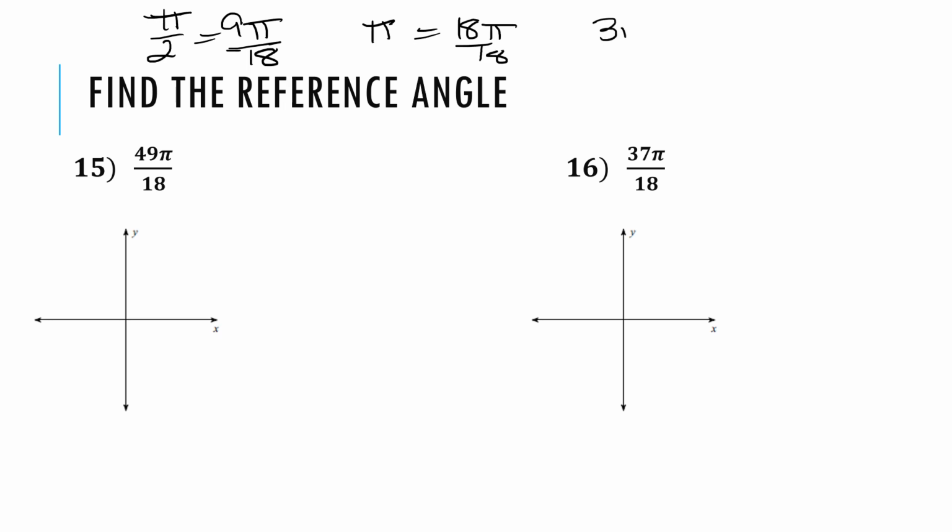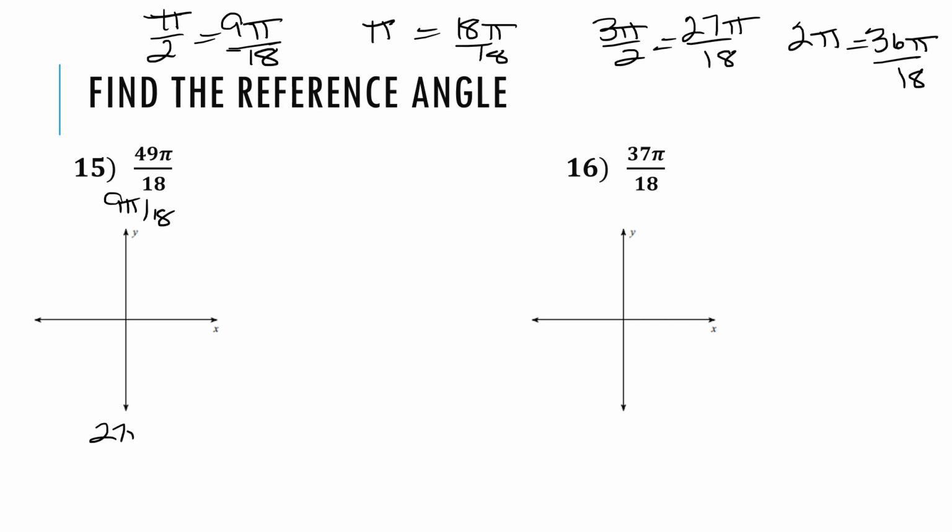And then I'll take 3 pi over 2 and convert that, multiply by 9, so it would be 27 pi over 18. And last but not least, 2 pi over 1 is going to be 36 pi over 18. So that's going to help me for each of these examples figure out where we need to land. I'm going to go ahead and label those: 9 pi over 18, 27 pi over 18, 18 pi over 18, 0, and 36 pi over 18.